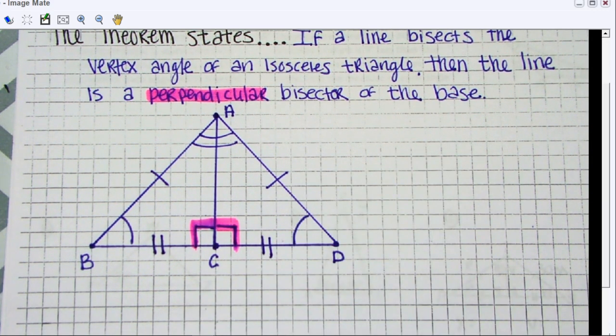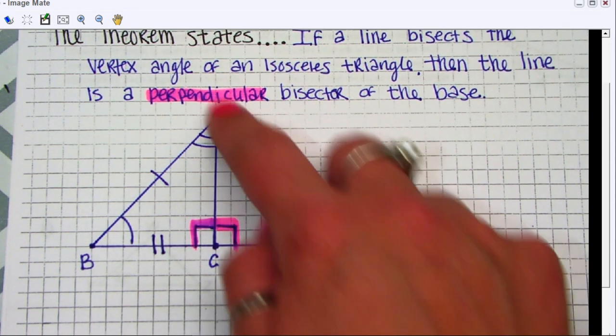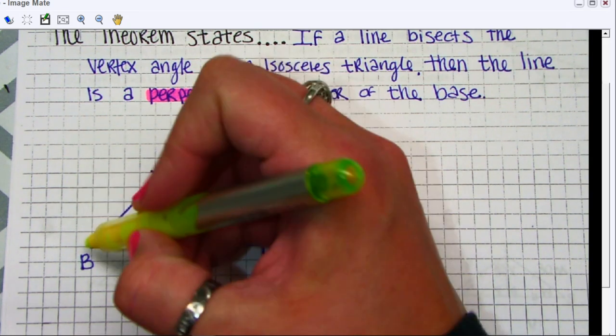So what it's done is it has split this isosceles triangle into two right triangles that are equal. You now have a complete right triangle here and a complete right triangle here. Okay. So let's trace them out. You've got a big one here.